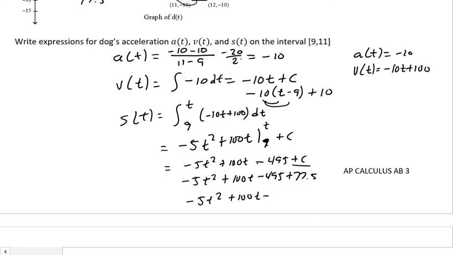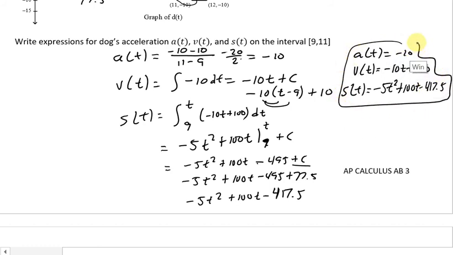Okay. 417.5 makes much more sense. Minus 417.5. So our position function is just that, negative 5t squared plus 100t minus 417.5. Okay. And those are our three expressions.